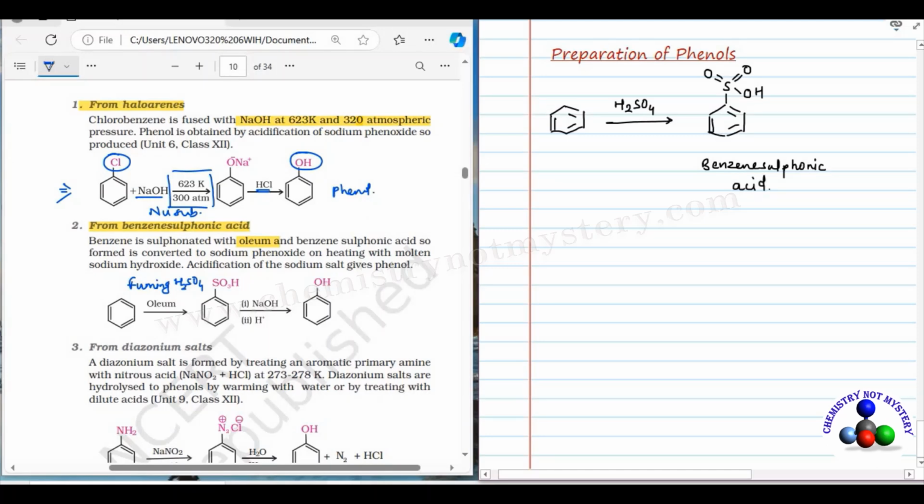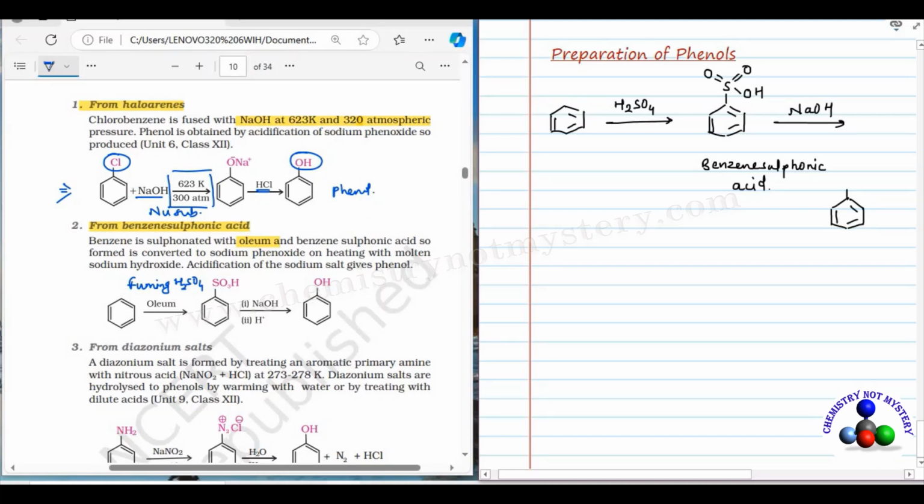When it is fused with NaOH, NaOH is a base and this is benzene sulfonic acid, so it undergoes a neutralization reaction. Benzene sulfonic acid gives away H plus ion and NaOH gives away OH negative ion. As a result, you will get sodium benzene sulfonate.